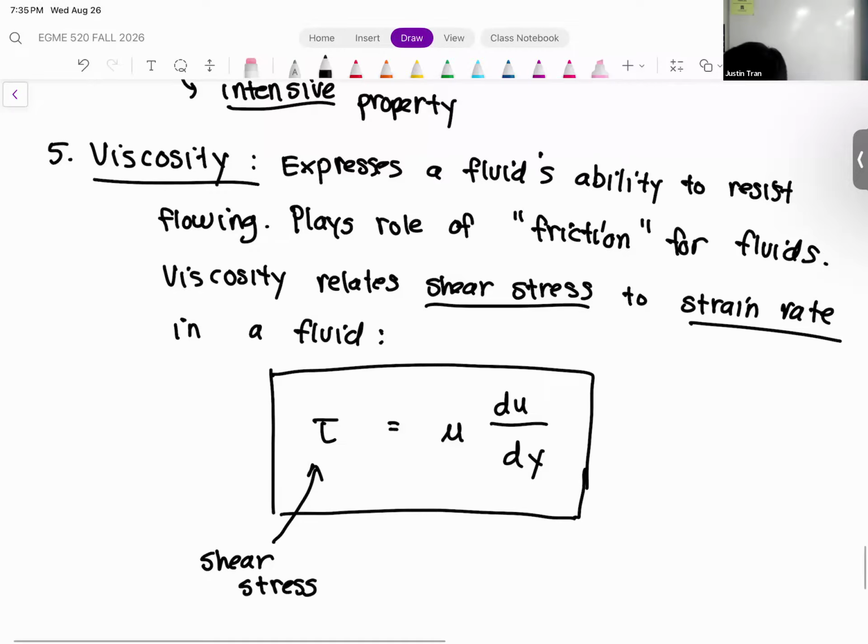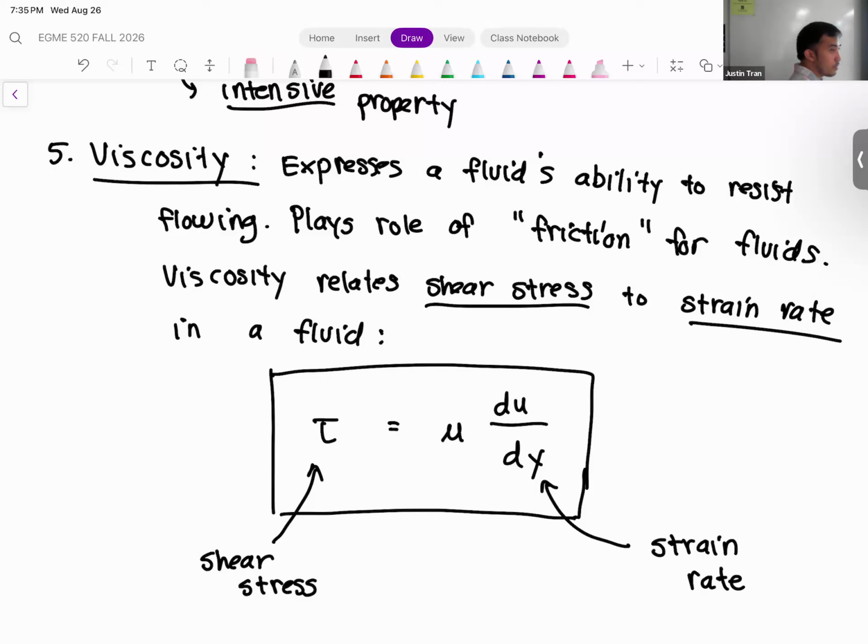This derivative quantity here, du dy, represents a strain rate. And then this mu in the middle is our viscosity.